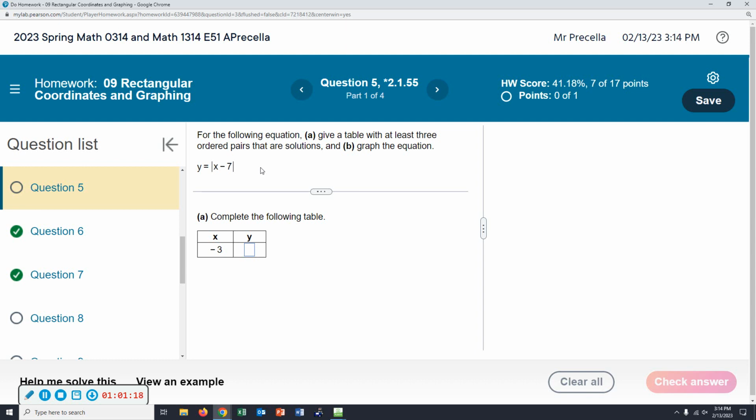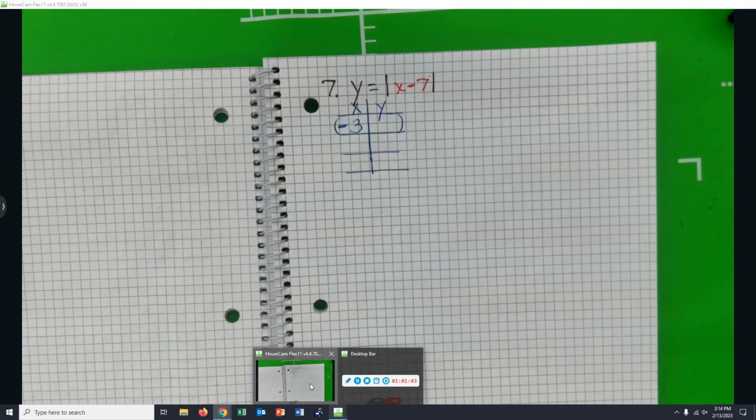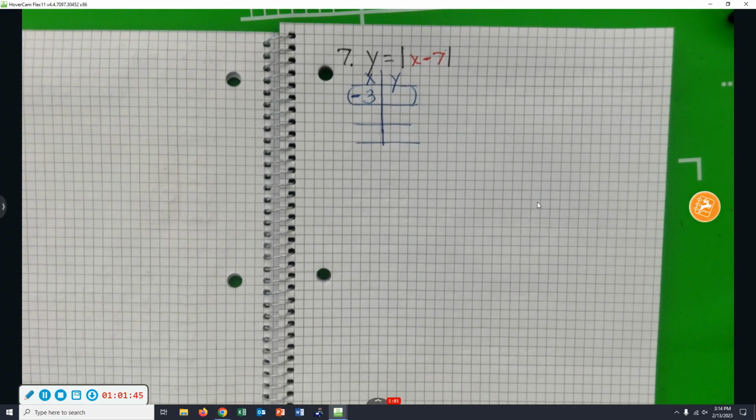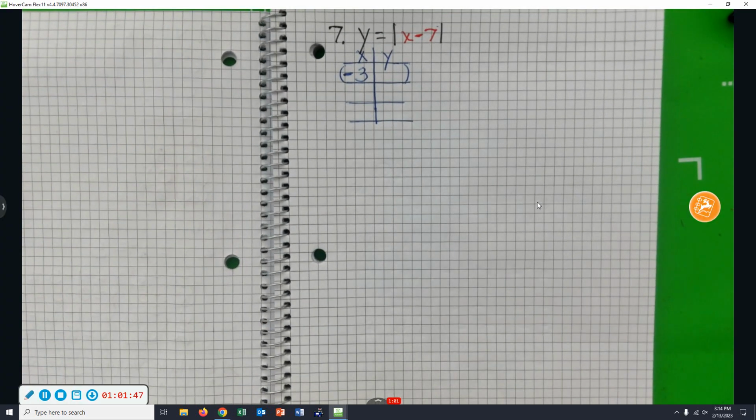I'll make my XY table. And there's a -3 under the x column. So in words, what is that telling me to do there? Plug a -3 in for x. So let's plug a -3 in for x.